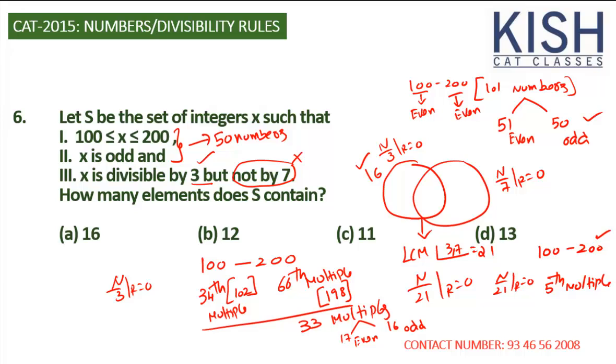Then it goes up to the ninth multiple. 21 nines are 189. That's the ninth multiple. It means there are 5 multiples of 21 lying from 100 to 200.